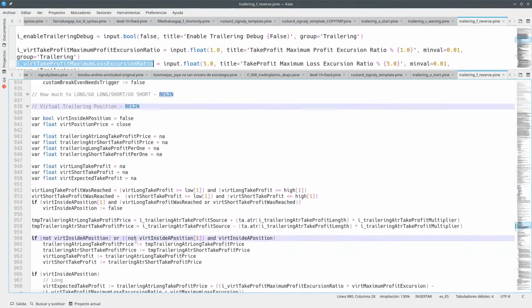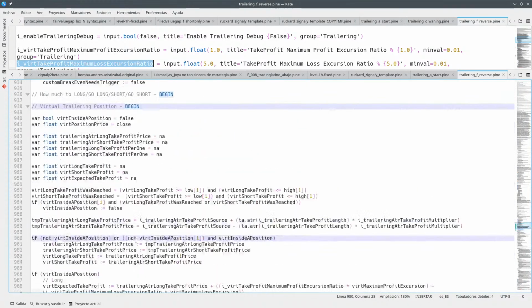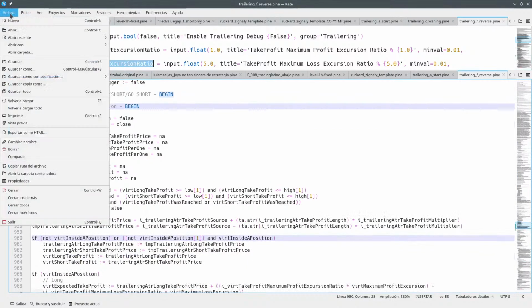Again. And we also want a strategy. Okay. My God.